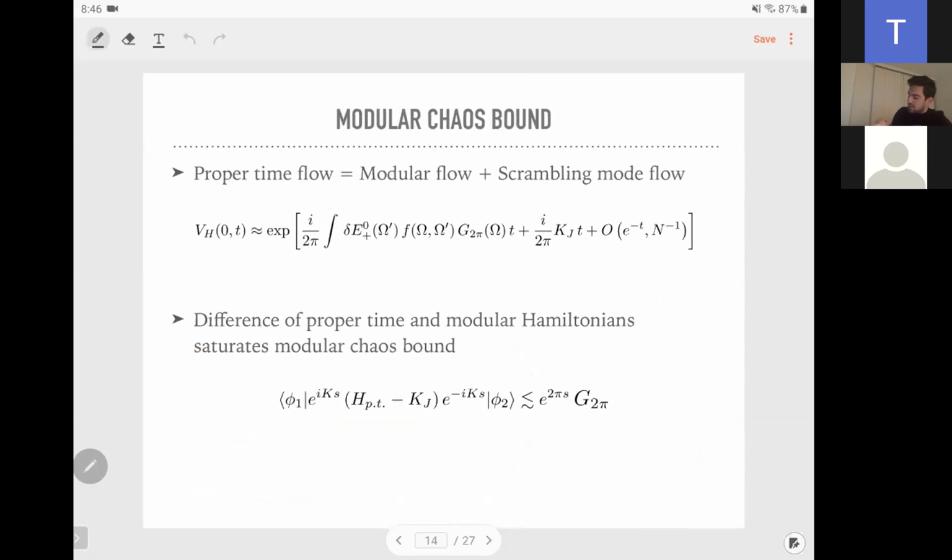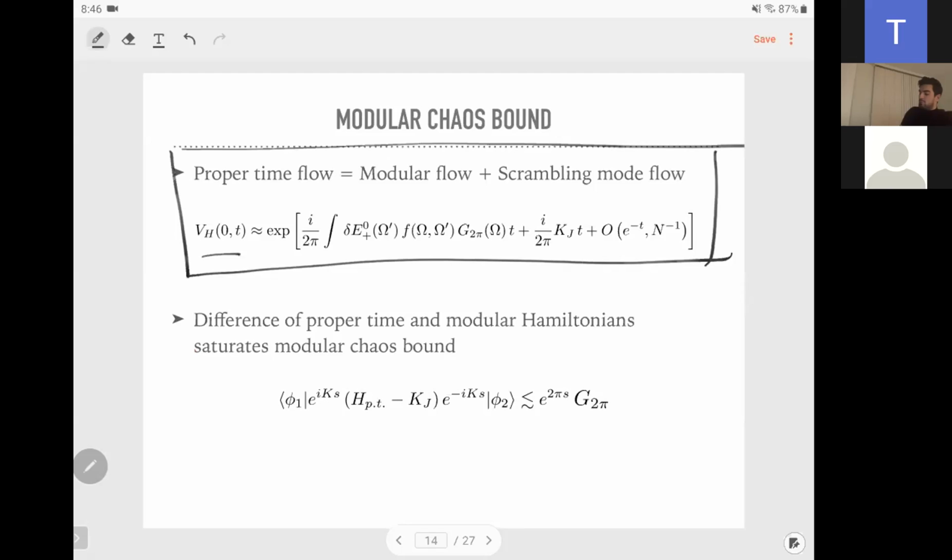Putting everything together, what I try to explain is that this proper time evolution is generated in general by modular flow corrected by an amount of scrambling mode flow whose role is to account for the shift of the horizon as a result of the infalling matter. Of course, there are other corrections which are relevant for intermediate times, but they decay, and that's why we can neglect them for certain questions.